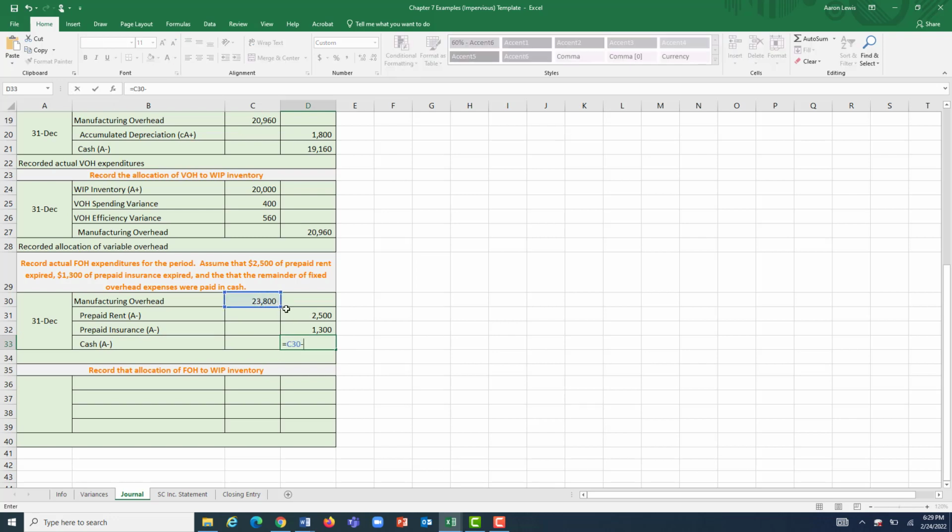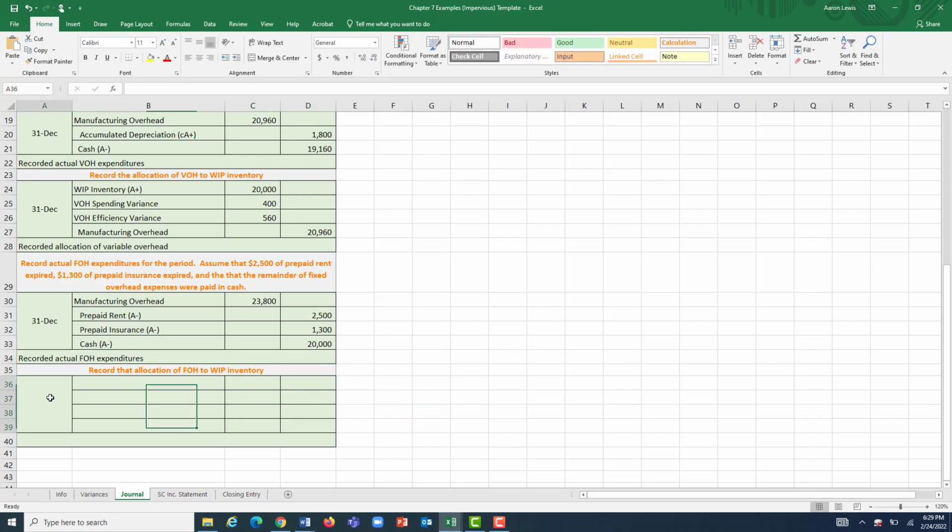So this minus this means that we spent $20,000 in cash paying for actual fixed overhead expenditures. Salaried employees, who knows what else? We could be considering our utilities to be fixed. Whatever it was, we spent $20,000 in cash on it. We recorded our actual fixed overhead expenditures for the period.